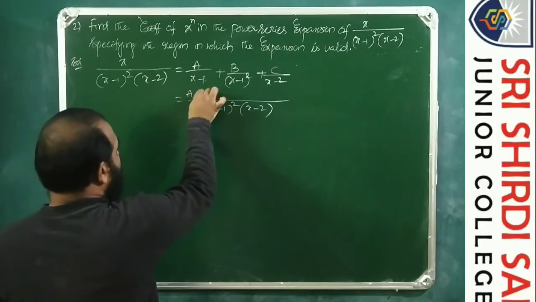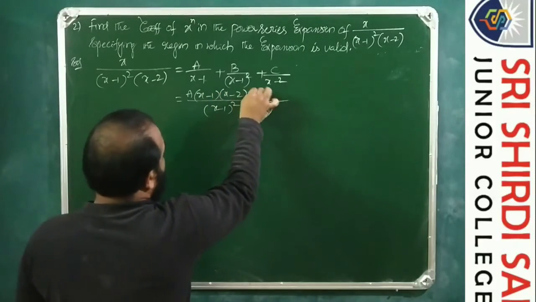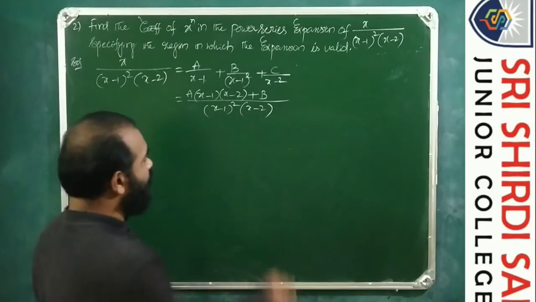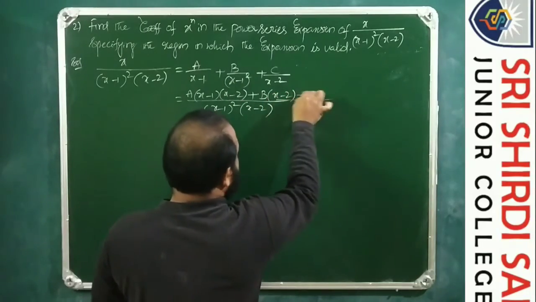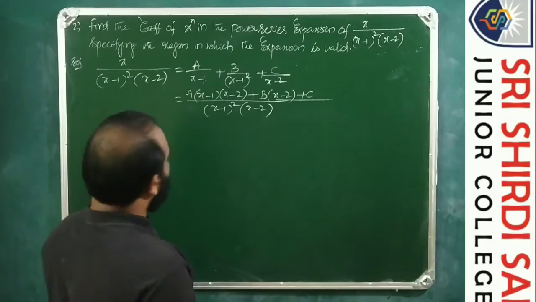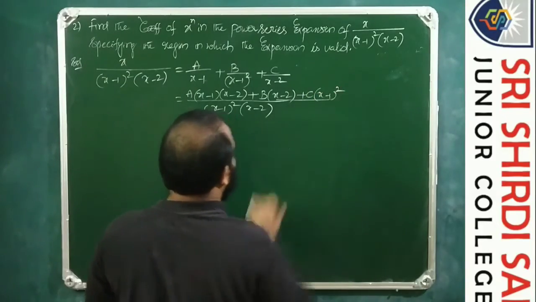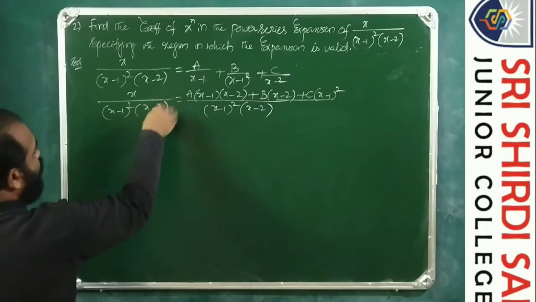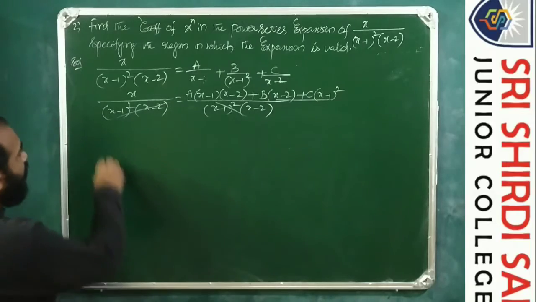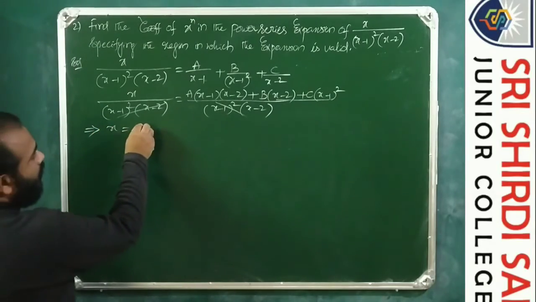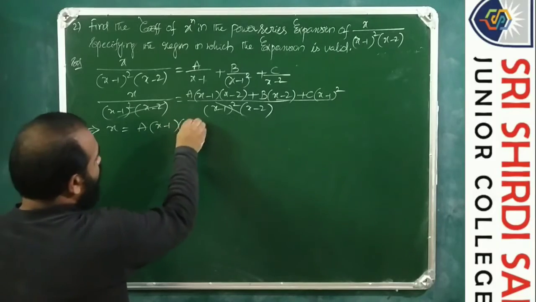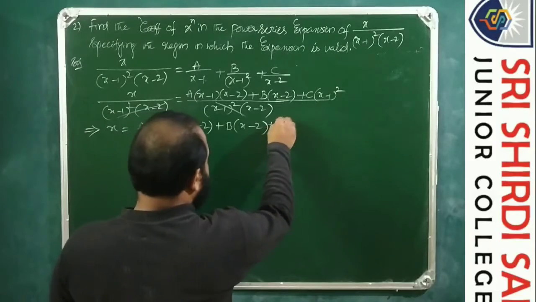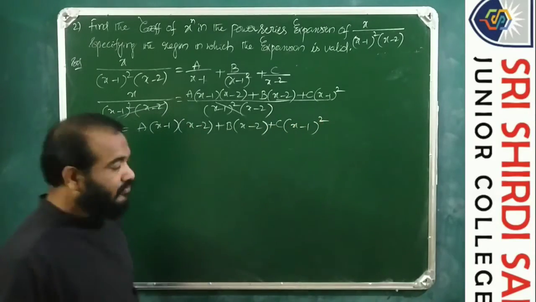So this is a into (x minus 1) into (x minus 2) plus b into (x minus 2), these two get cancelled, plus c into (x minus 1) whole square, equals x by (x minus 1) whole square into (x minus 2). These two get cancelled. So x equals a into (x minus 1) into (x minus 2) plus b into (x minus 2) plus c into (x minus 1) whole square.